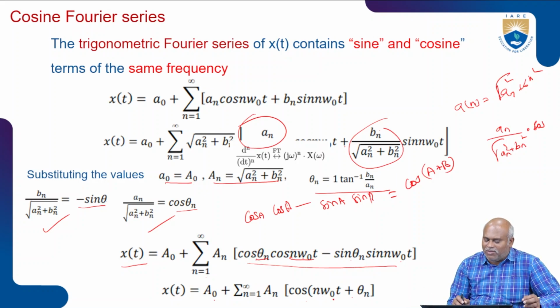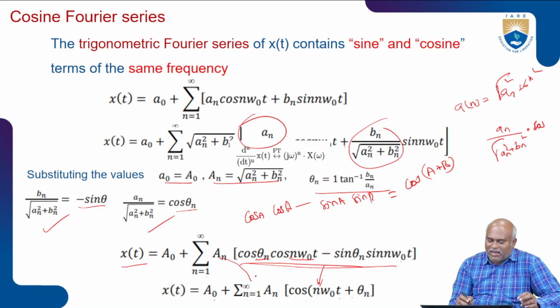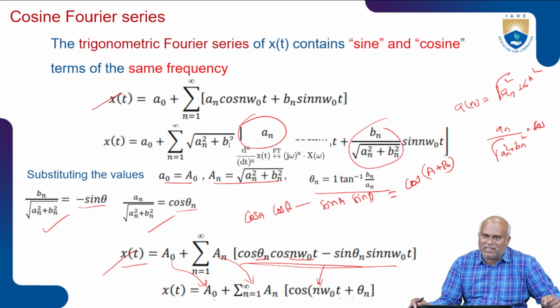So cos of n omega 0 t plus theta n. This term I converted like this. A of n is the same, and A0 is the same. Now what happens? We took the trigonometric Fourier series and converted it to the cosine Fourier series.